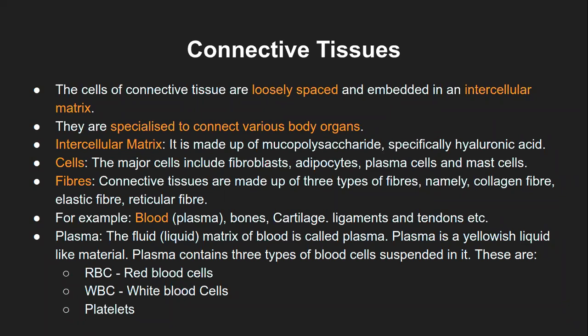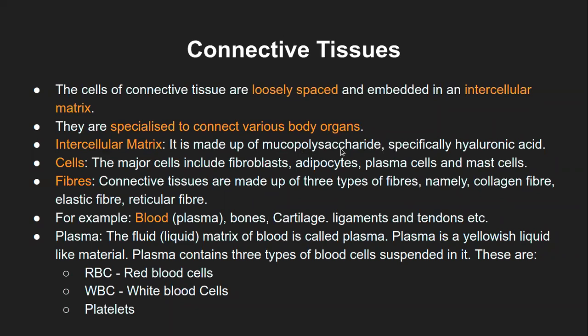The overall connective tissue network within your body can have three different components. One is obviously the cells, the second is the intercellular matrix, and the third is fibers. If you look at the intercellular matrix, it is made up of a compound which is mucopolysaccharide.